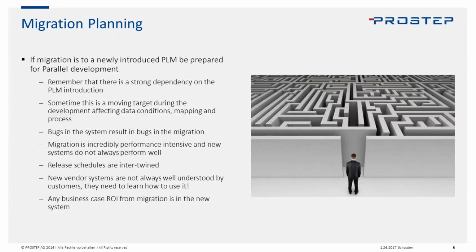And you're going to need to be able to have your migration tool be capable of handling that, and your other integrations for coexistence or ERP to be able to handle that. And that means really a synchronized release schedule. That means in development, don't forget about all those other dependencies. Make sure that these things are done in parallel.